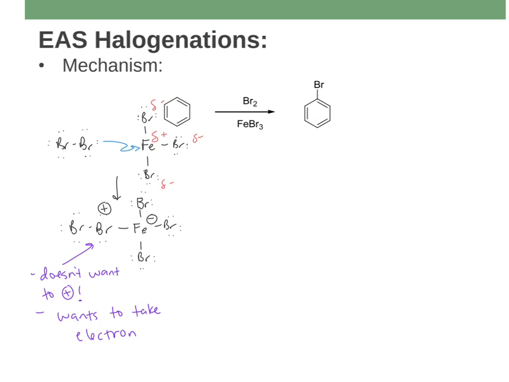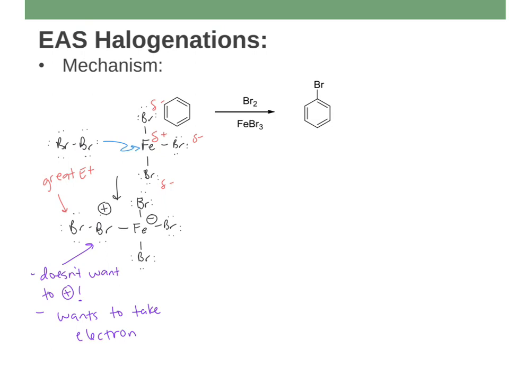It's not super electronegative, but it's relatively electronegative. So what that means then is that this bromine over here on the end becomes very electrophilic. It becomes a great electrophile.